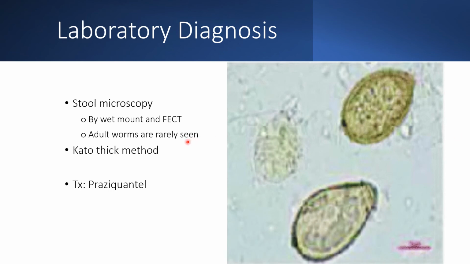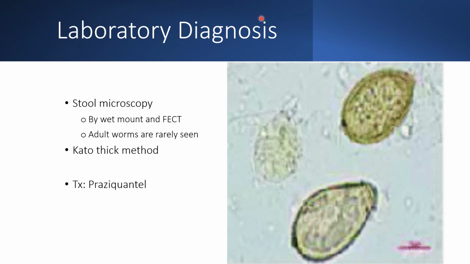So to diagnose, we can perform stool microscopy looking for the eggs, no, of your echinostoma. So wet mount and concentration technique. Okay? So adult worms are rarely seen. So guys, the eggs of different heterophyid species are difficult to distinguish. So care must be taken to distinguish them from Clonorchis and Opistorchis.